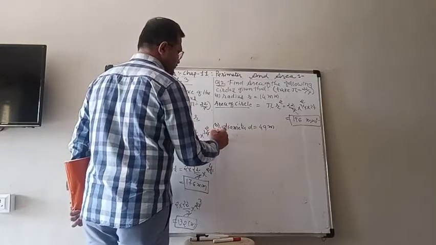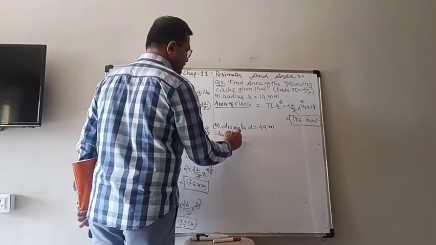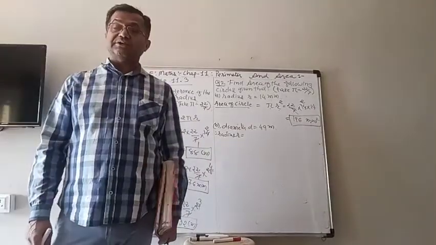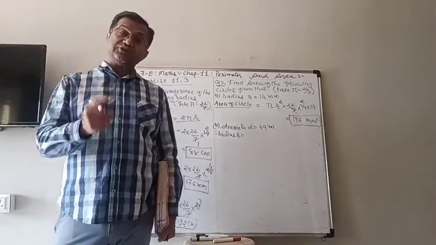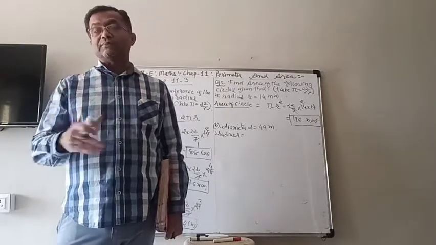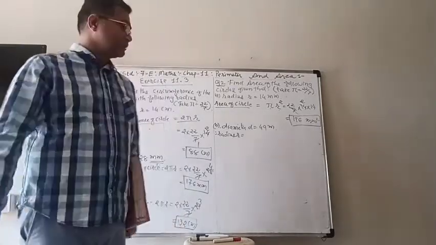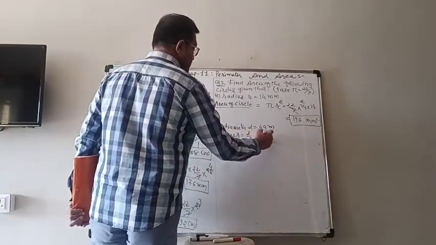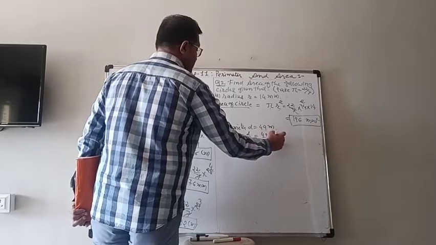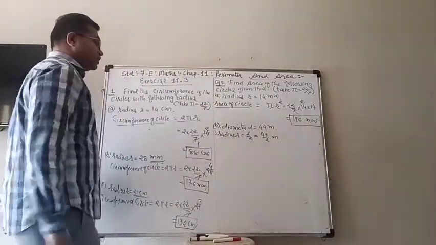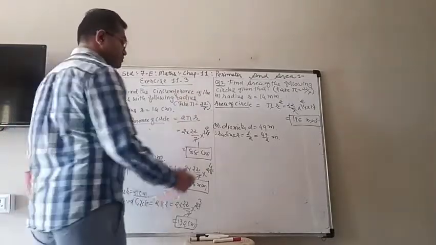What is the relation between radius and diameter? Radius is equal to half of the diameter, and diameter is equal to 2 times the radius. So here r is equal to half of the diameter, that is D upon 2, that is 49 upon 2 meters. Don't need to convert it into a decimal.